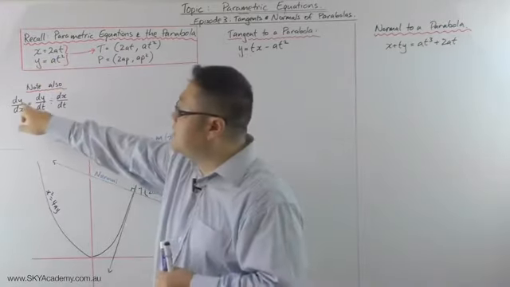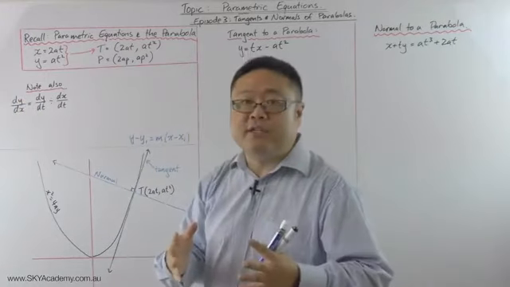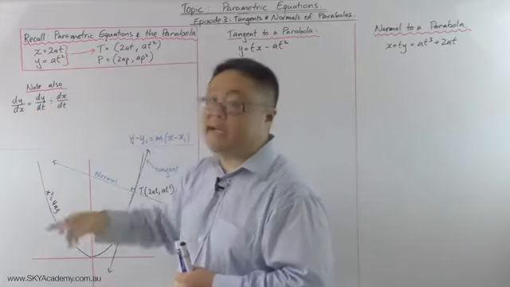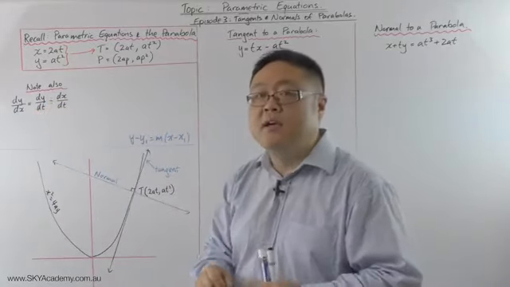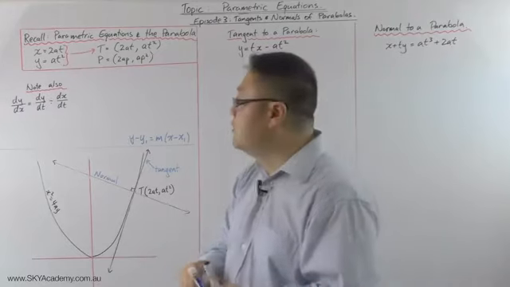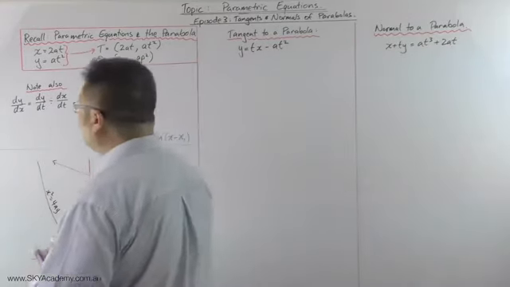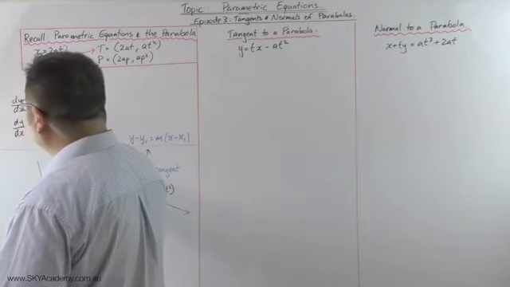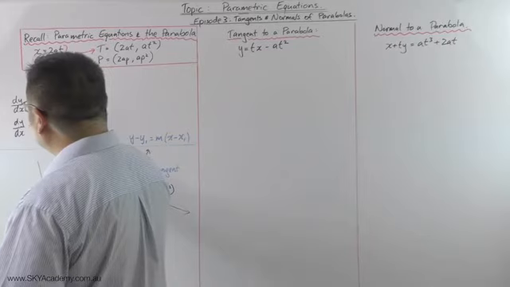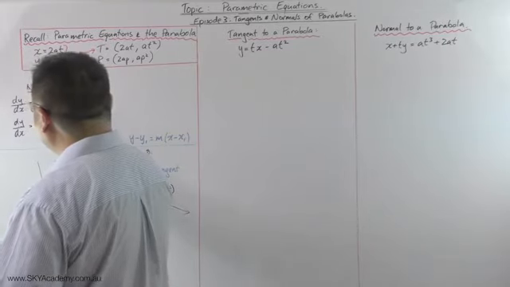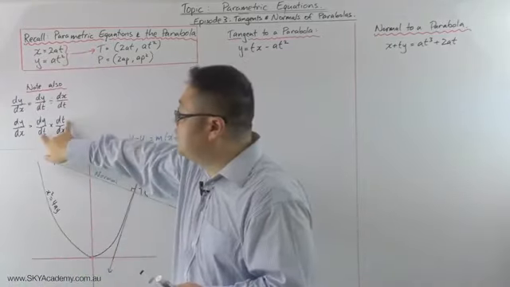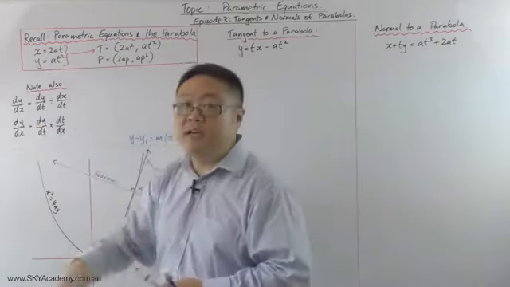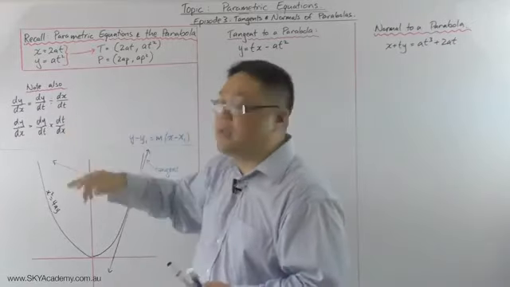We're going to use this property: dy/dx, your first derivative, is equal to dy/dt divided by dx/dt. That's basically your chain rule from 2-unit maths, which says dy/dx equals dy/dt times dt/dx. The two dt's cancel with each other and you're left with dy/dx. So we're going to use that property here.